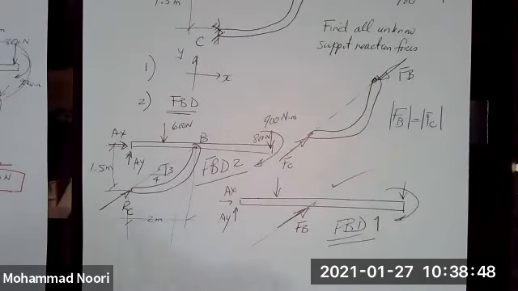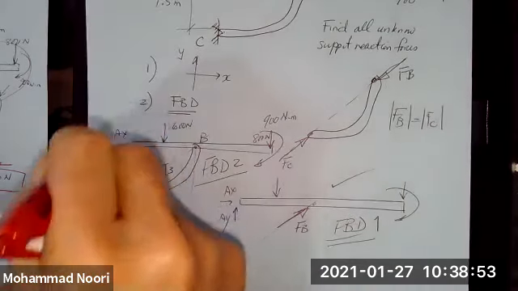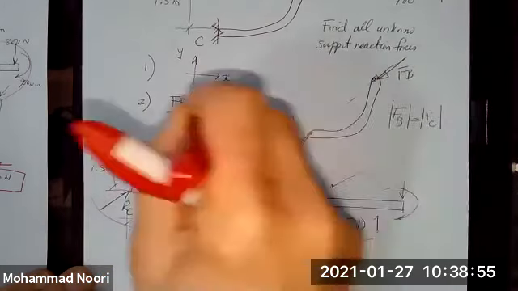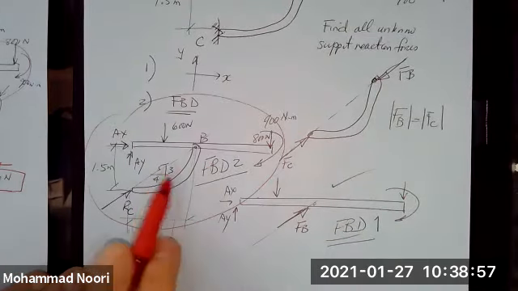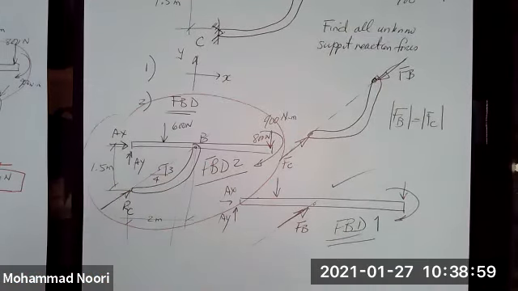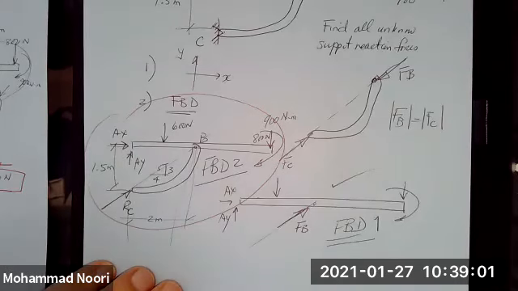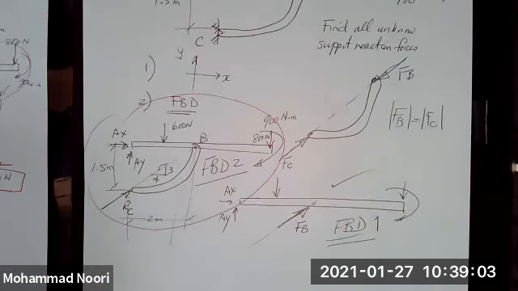Since we are used to this, I'm going to consider this free body diagram. I'm not going to cut the structure apart. We'll see that later when we introduce the concept of frames.